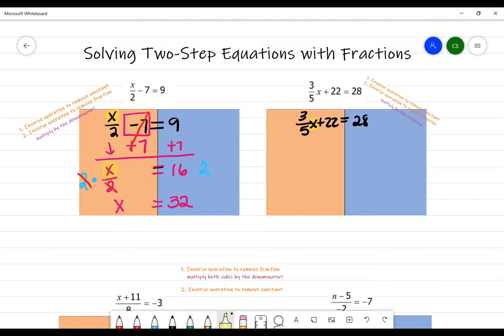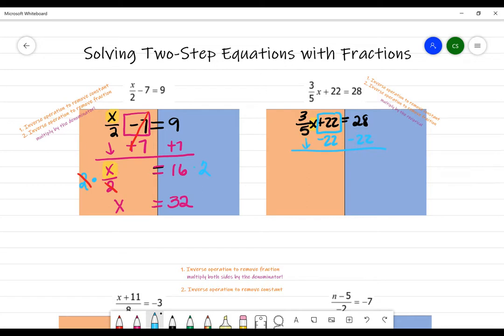It's being multiplied by 3/5 and added to 22. So this 22, I want to be gone because that's the constant. So I can move it first. Remember, constant is the number that stands alone. So the opposite of adding 22 is subtracting 22. And I want to subtract 22 from a like term. So I would do it on the other side of my equation.